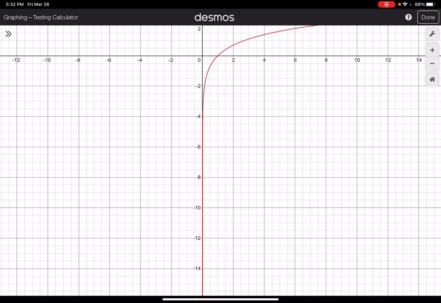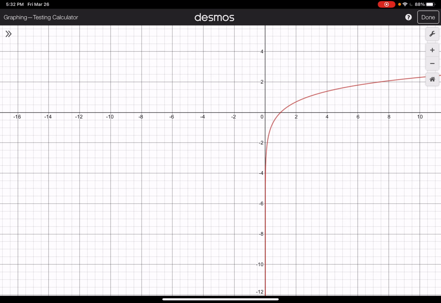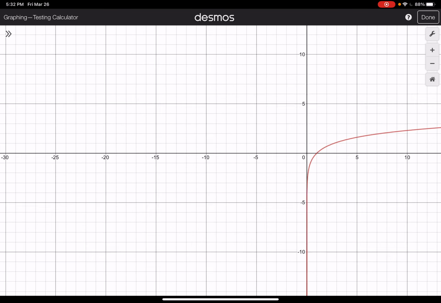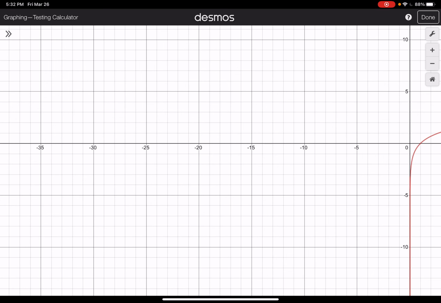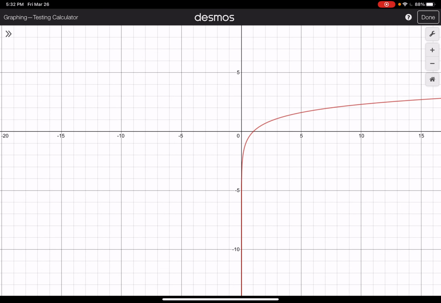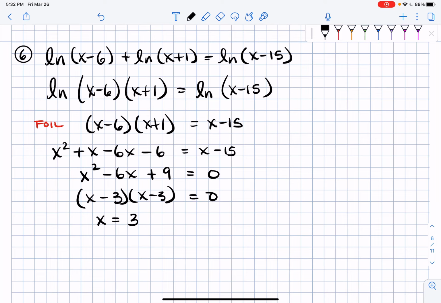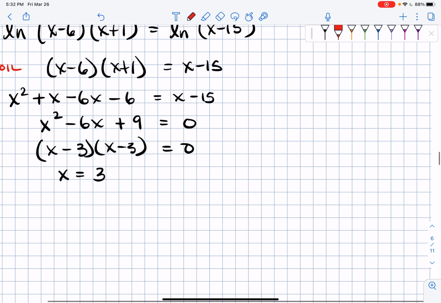It involves negative y values and positive y values, but no negative x values. So you can't take the ln of a negative number. You can't take the log of a negative number. So therefore, this has to be rejected.